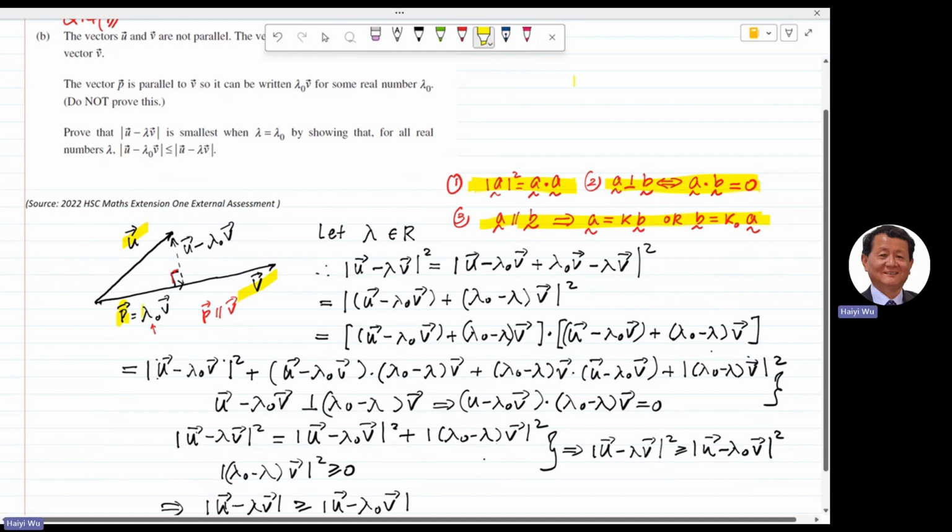So we can say this is the Greek letter lambda.